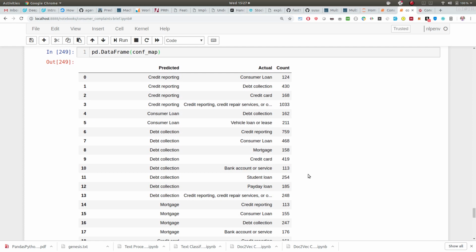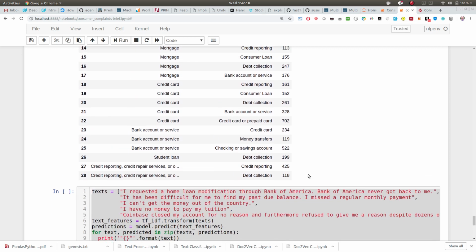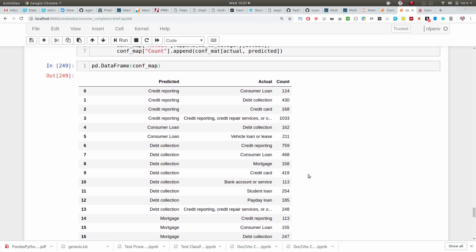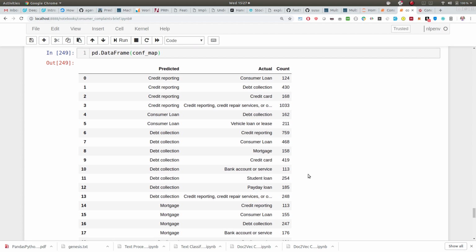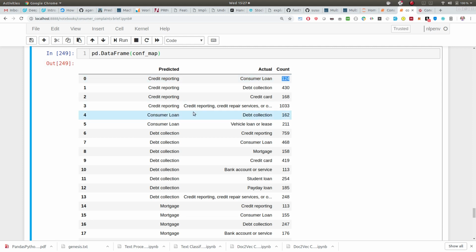As you can see, some of the misclassified complaints are complaints that involve more than one subject. Like, for example, complaints involving both credit card and credit report. Here I've just included the most high counting report anomalies. So the count you can see here is the number of anomalies for credit reporting against consumer loan.